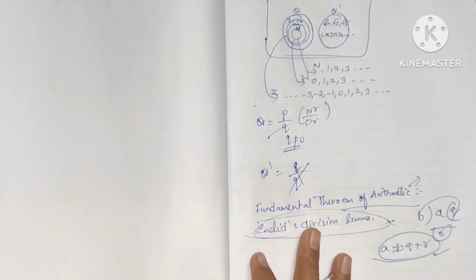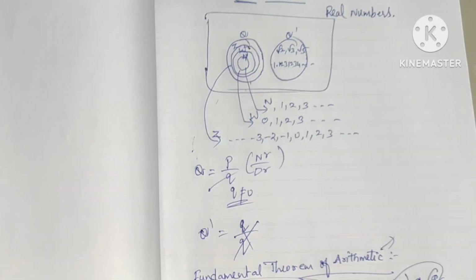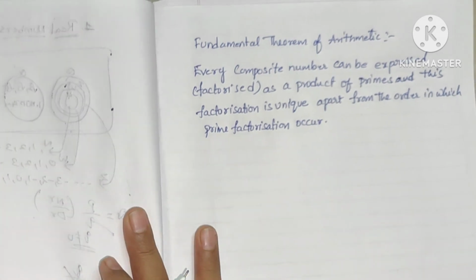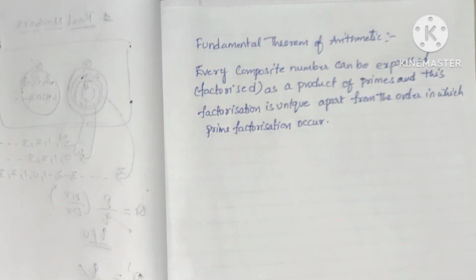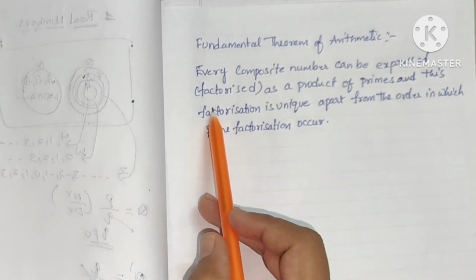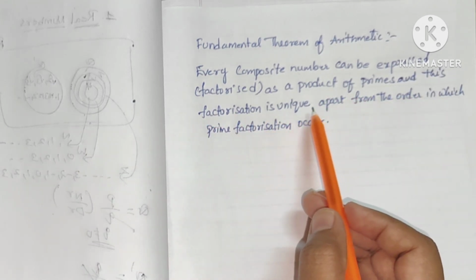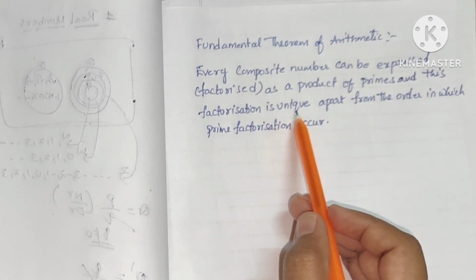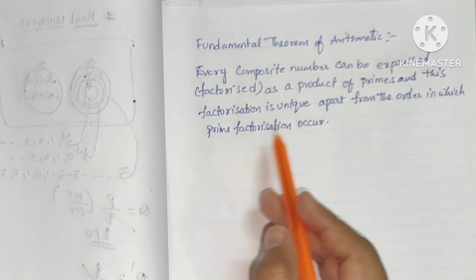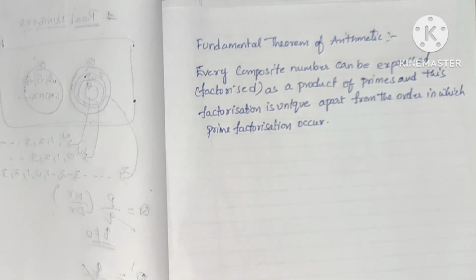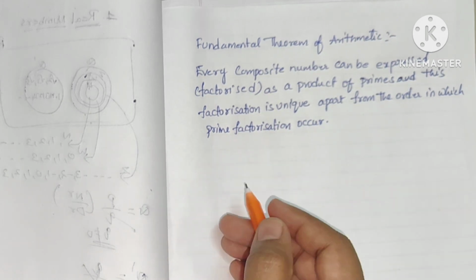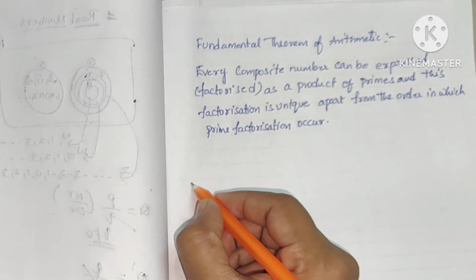Okay, we will learn about this. The fundamental theorem of arithmetic: every composite number can be expressed as a product of primes, and this factorization is unique apart from the order in which the prime factors occur. Suppose you know composite numbers and prime numbers, right?